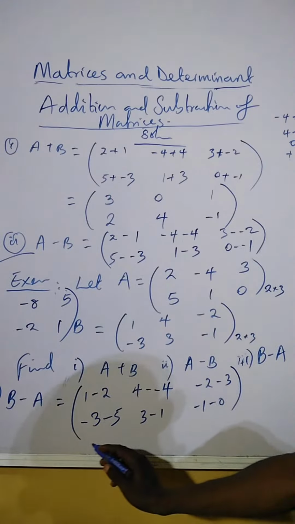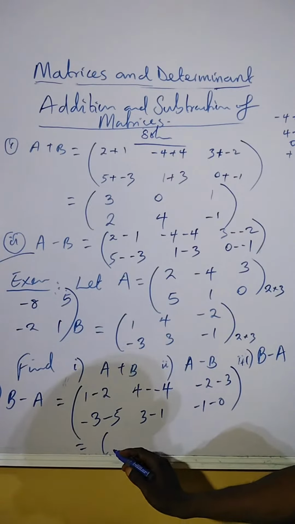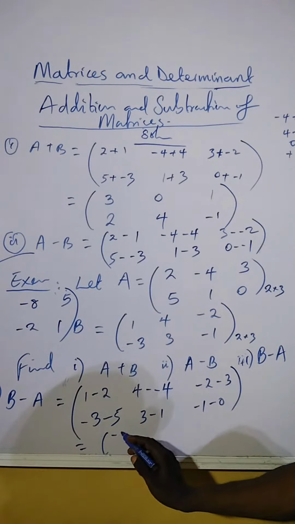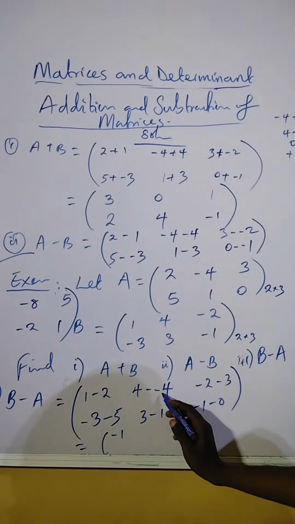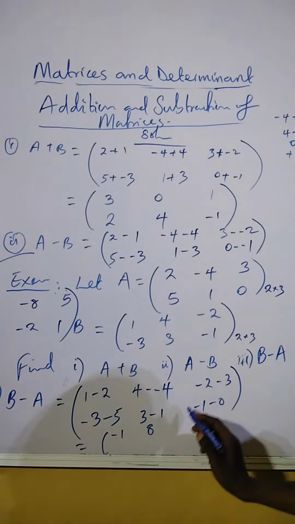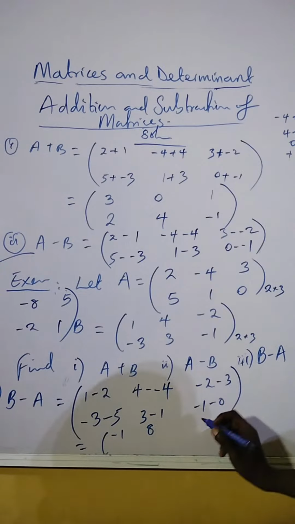Then when we write it out, this becomes 1 minus 2, minus 1. 4 minus minus 4 is 4 plus 4, that's 8. Minus 2 minus 3, that's minus 5.